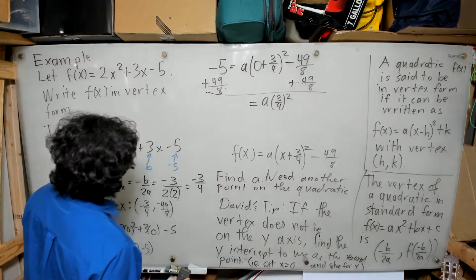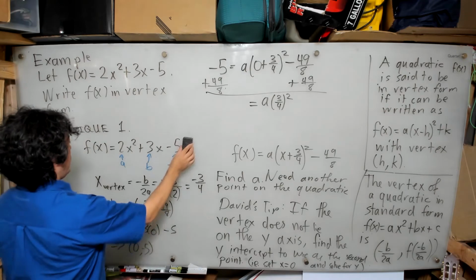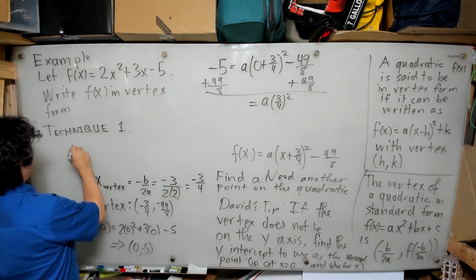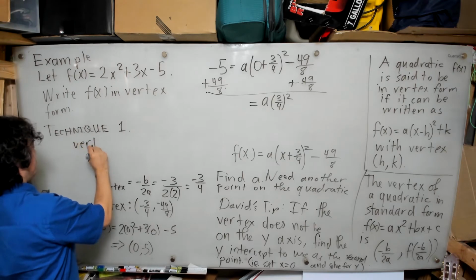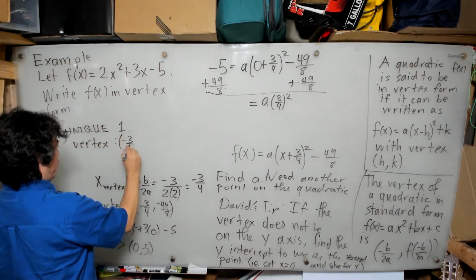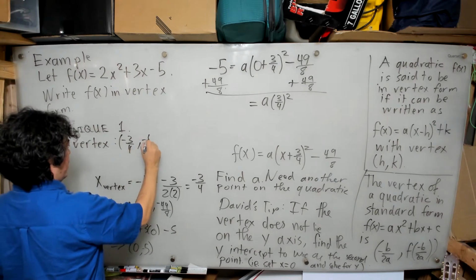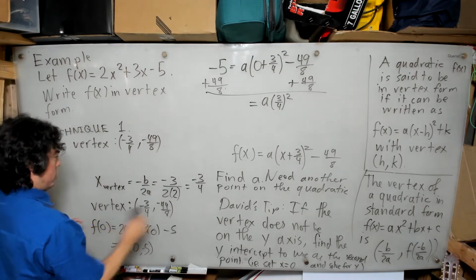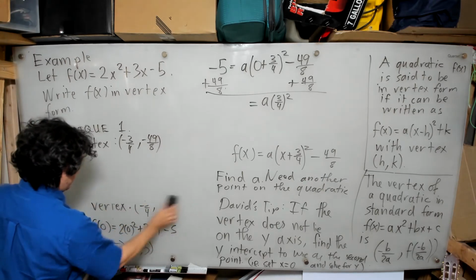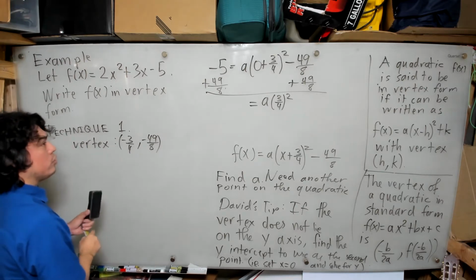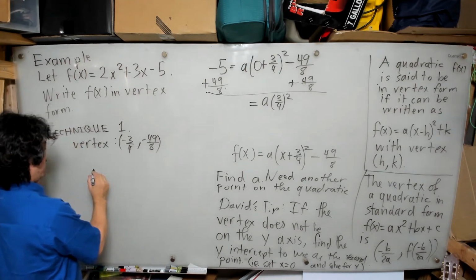Let me summarize: the vertex is negative 3/4 comma negative 49 over 8. Now I'm going to calculate this here.